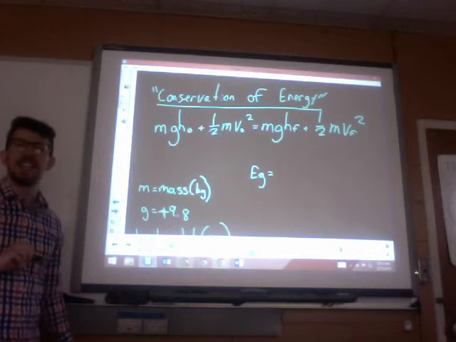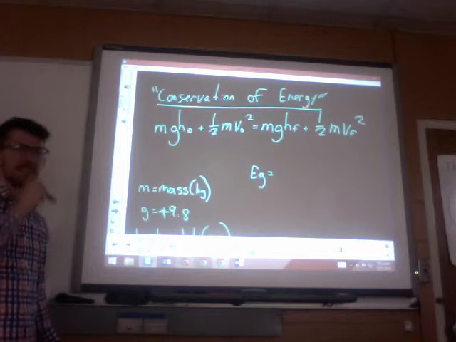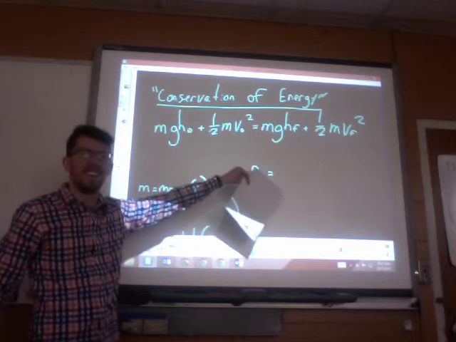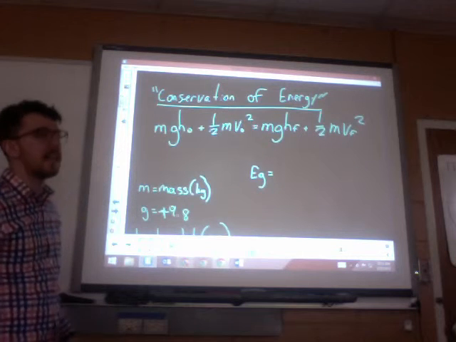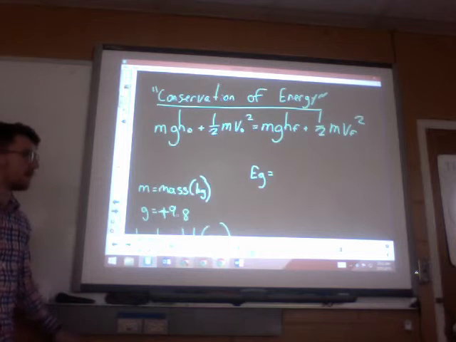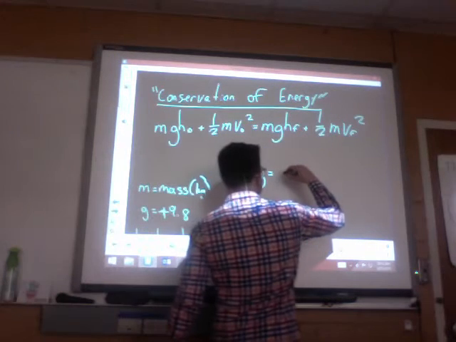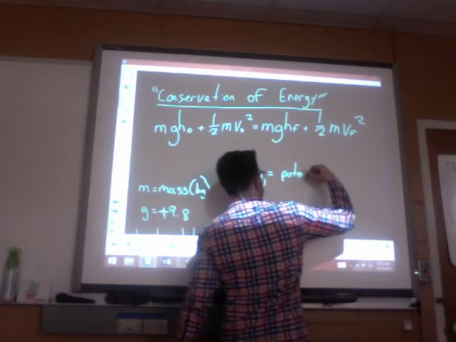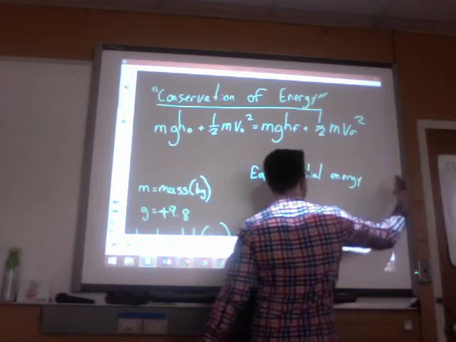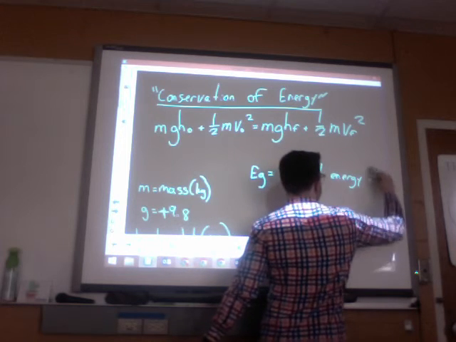Energy. It's a certain type. Potential energy. What's the G though? Gravity. So yeah, EG is gravitational potential energy. We just call it potential energy. Technically, it's gravitational potential energy measured in joules.